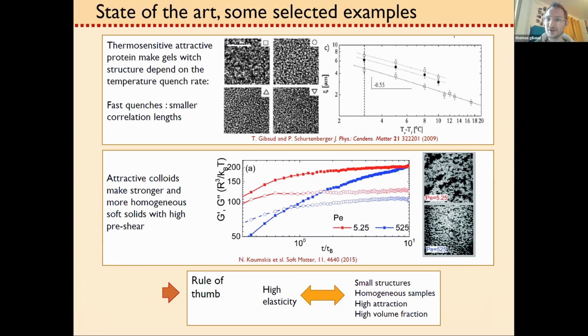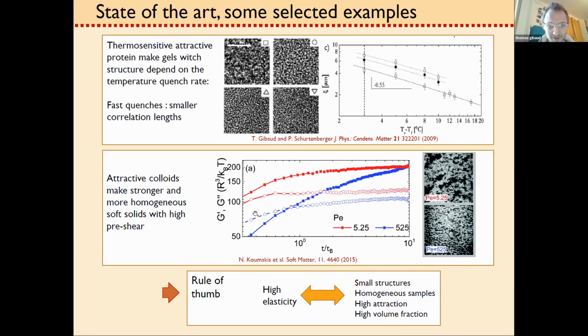And depending on the quench rate, you can select a different size of structure, just on the rate, same final temperature, same final state. If you quench it slowly, you'll get large structures. And if you quench it fast, you can get very small structures. So you can just tune the structure here with the rate of your quench.